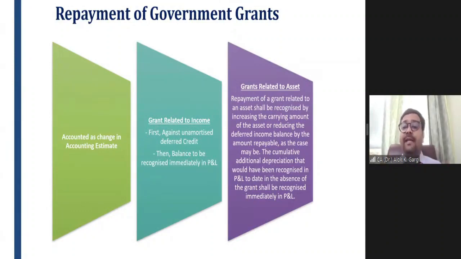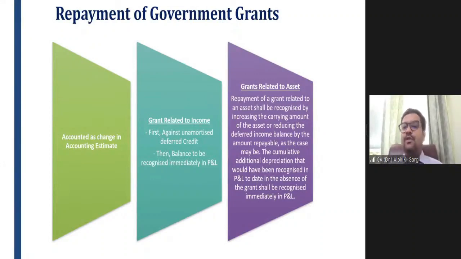A lot of students were saying, sir, for example, the condition was related to 5 years, 6 years, 10 years. And if the entity defaults in compliance of the conditions, of course, the government grant will be repaid. Sir, then how will this be treated in the books of accounts?